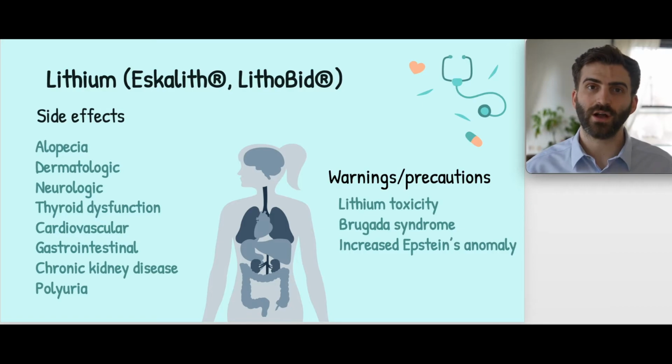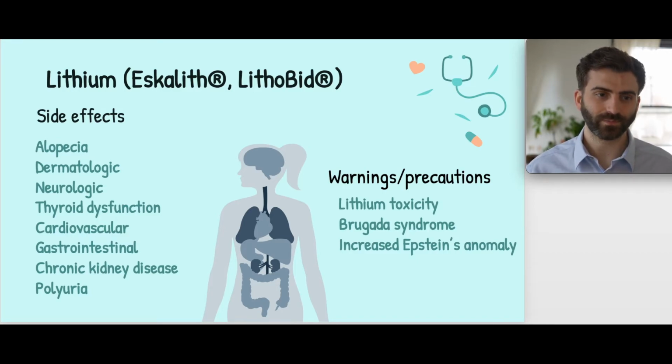Thyroid dysfunction is common. Again, not a reason to stop lithium, but you may have to start something like levothyroxine in a patient. Cardiovascular conduction changes can occur in about a third of patients, so something to be aware of if a patient has a cardiac history. GI issues like stomach aches and so on can happen as well, so sometimes the ER product can be a little easier on the stomach.